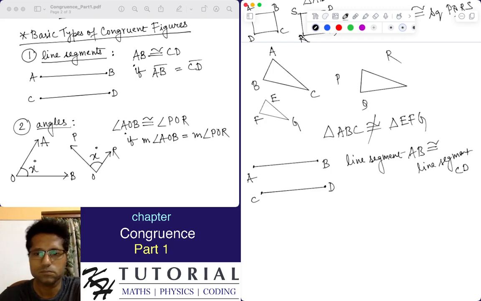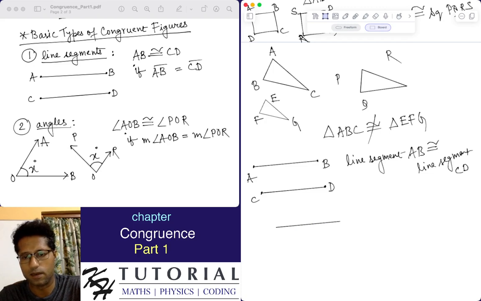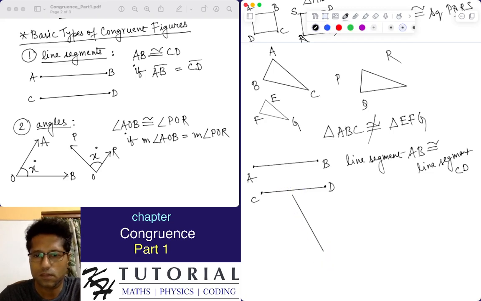Now also you see that if I create a duplicate of this line segment, and then I rotate this, say this line segment is EF.